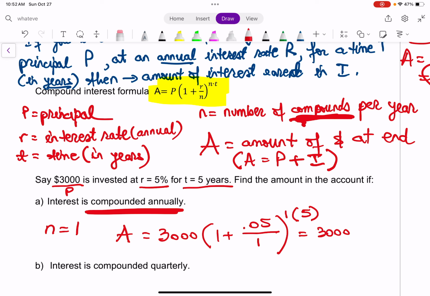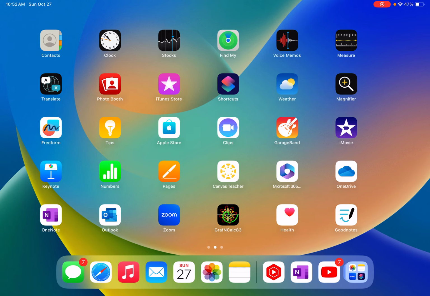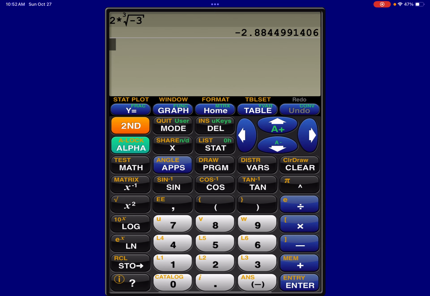Put things in your calculator. 0.05 divided by 1 is 0.05. Plus 1 is 1.05. So that's what we're going to put in our calculator. So 3,000 times, and I'm going to put in a parentheses, 1.05, close the parentheses, to the power of, so you use that little hat, 5.